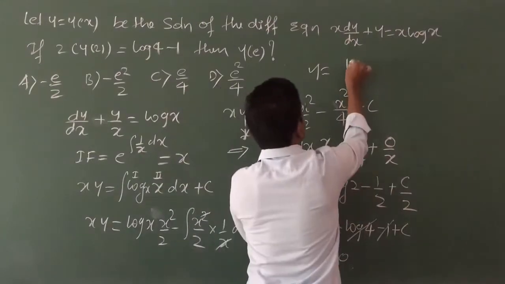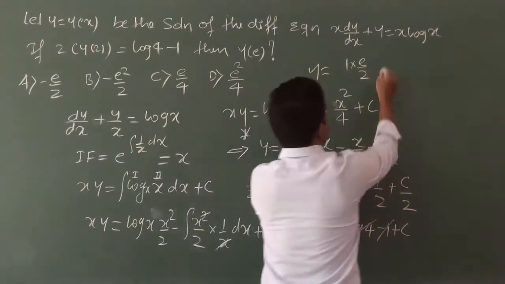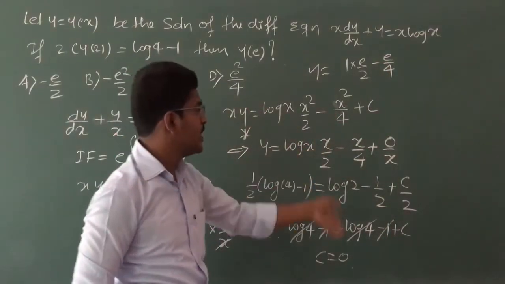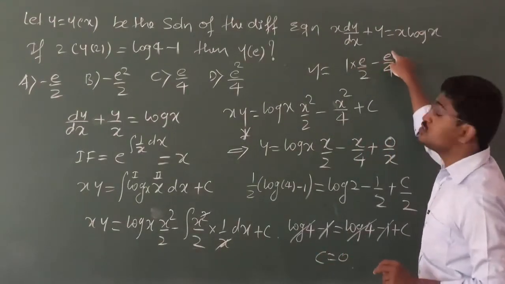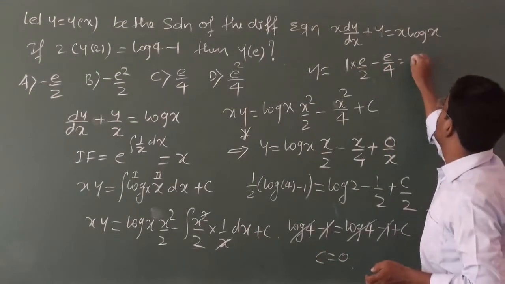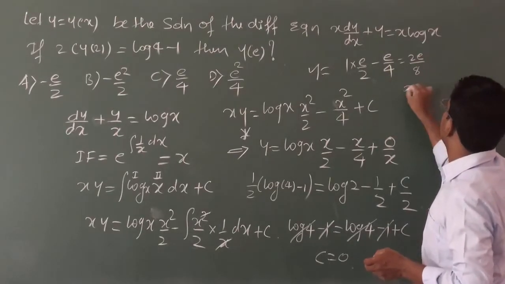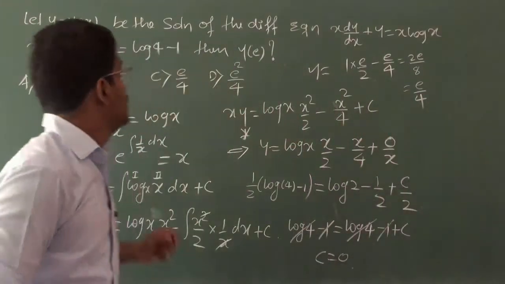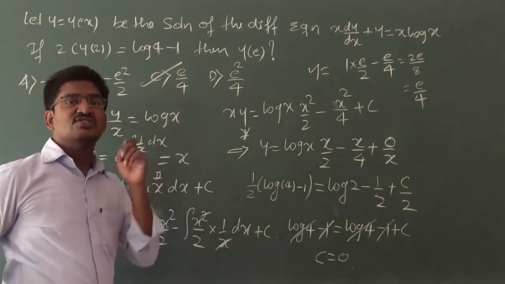E by 2, 1 into e by 2 minus e by 4. That term is 0. 0 by x is 0, no problem. So if you take LCM, 4e minus 2e is 2e divided by 8. So it will be e by 4. So answer will be e by 4. So that is option C.